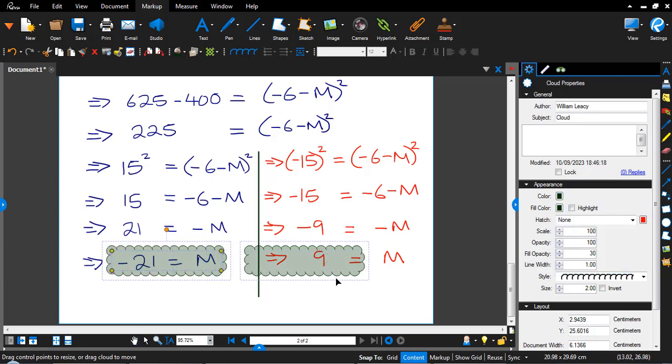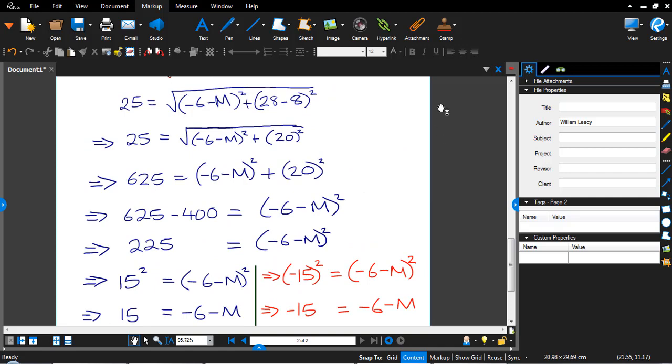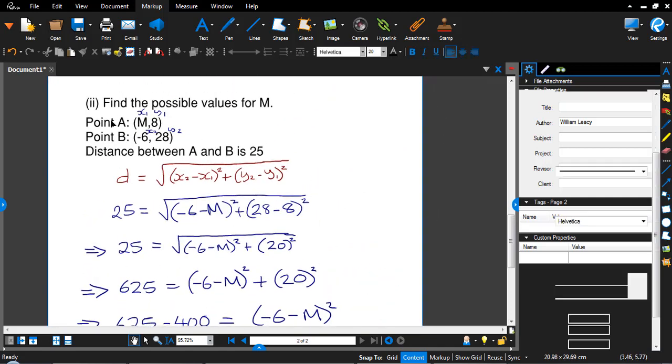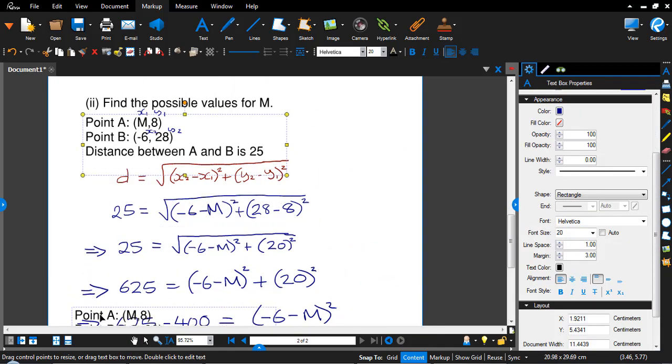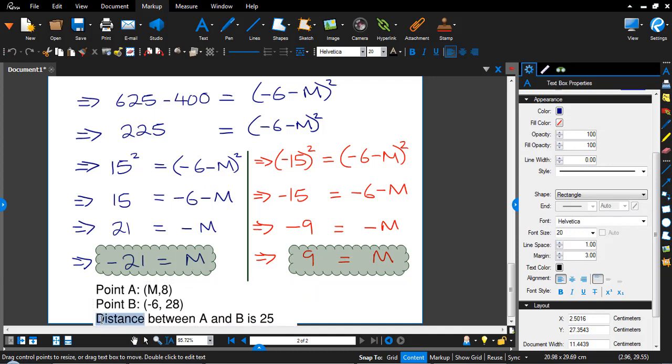Alright, so done. So let's just go back to the question. Let's just carry that down. So let's get rid of that bottom line. What we have here is point A is (m, 8).